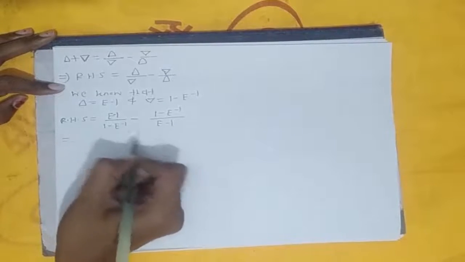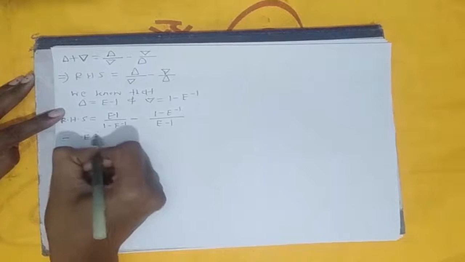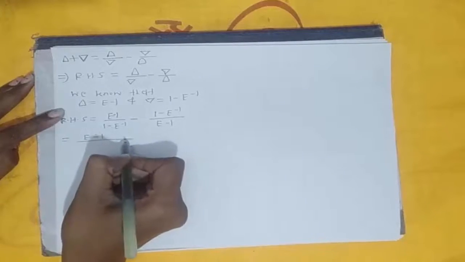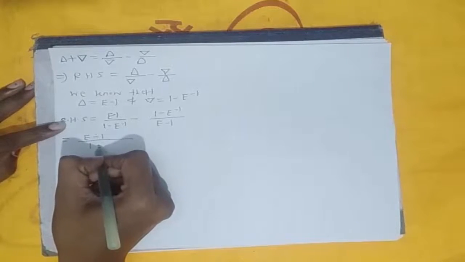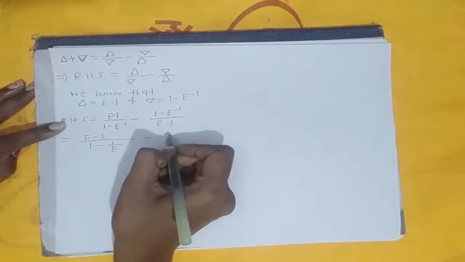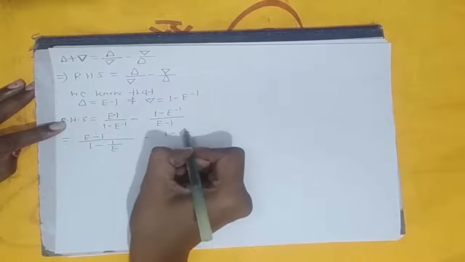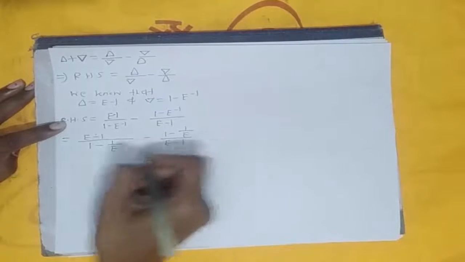So this is equal to E minus 1 divided by, first we solve this denominator, that is 1 minus E inverse, we can write 1 by E, minus again in the numerator 1 minus 1 by E divided by E minus 1.